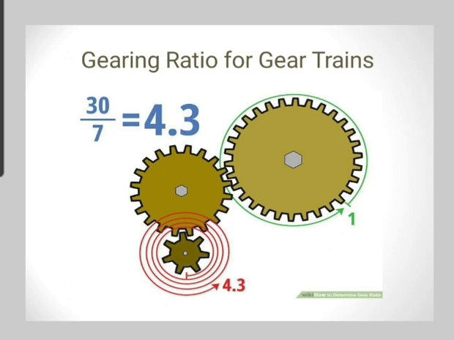The shaft of the motor is connected to one end of the gearbox, and through the internal configuration of the gears, the gearbox provides a given output torque and speed determined by the gear ratio.